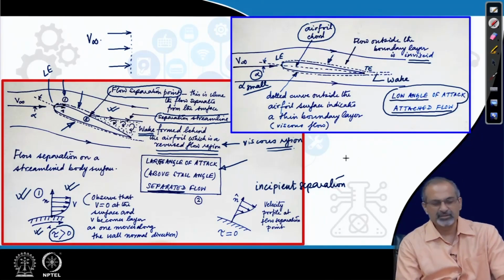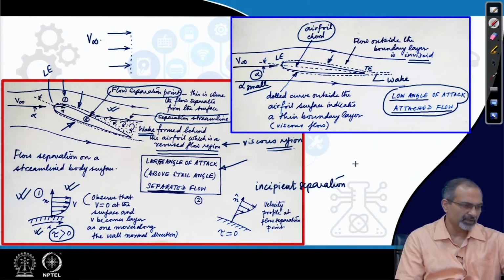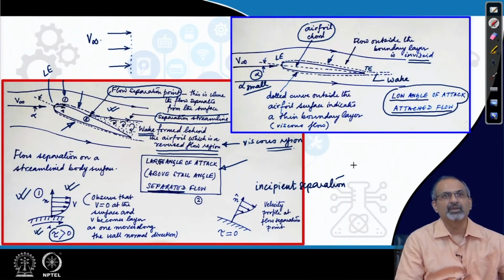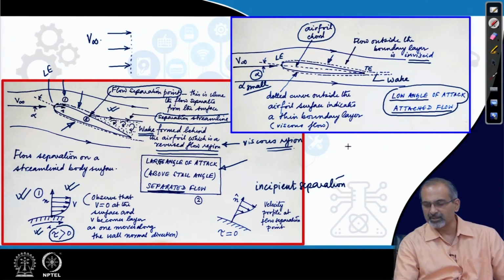Typically, this shear stress, which we learned in our earlier lecture, if it is in the xy plane, we will be interested in one of the components of shear stress, that is tau xy, and only that component will be non-negative. And if you recall the expression of tau xy, it is equal to mu times del v del x plus del u del y.